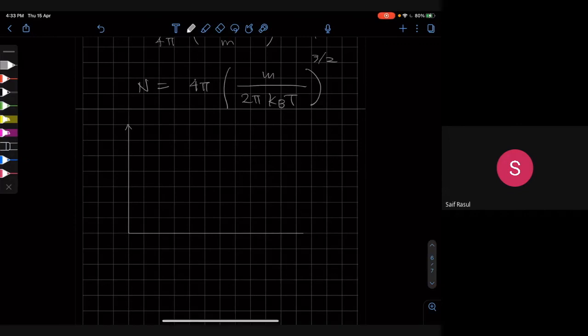So we have something like this, okay? As the speed goes up, it becomes a Gaussian, but for small speed, it goes to 0. Okay?